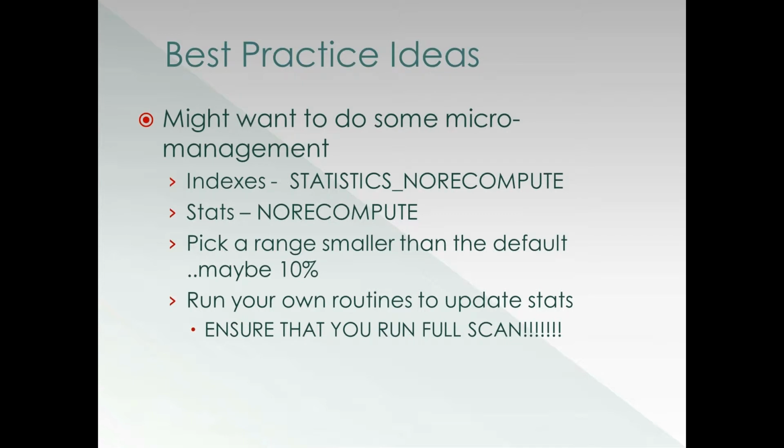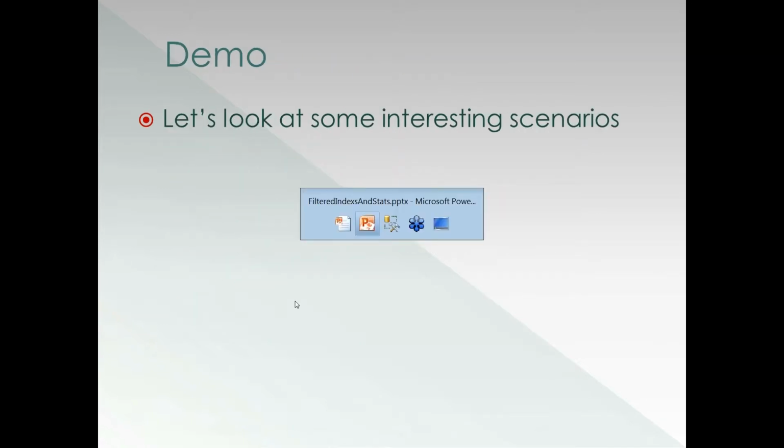The last thing that you want to do is a sampling when you're already within a subset, and then you're telling stats, hey, can you run a sampling over the table and give me these statistics? So you want to ensure that you run a full scan when you're using the filtered statistics and the filtered indexes. And then let's switch back and look at some of this stuff in the demo.